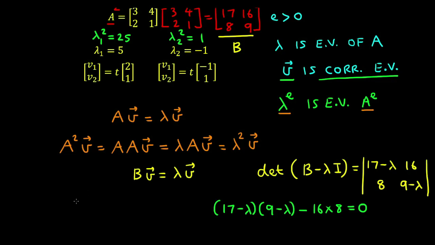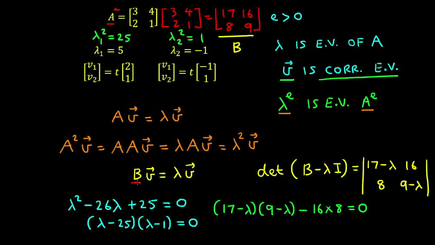So if you multiply this out, you get lambda squared minus 17 lambda minus 9 lambda is minus 26 lambda. And then 17 times 9 minus 16 times 8 is positive 25. And that's equal to 0. And you can see that when we factorize this polynomial, we get lambda minus 25 times lambda minus 1 is equal to 0.